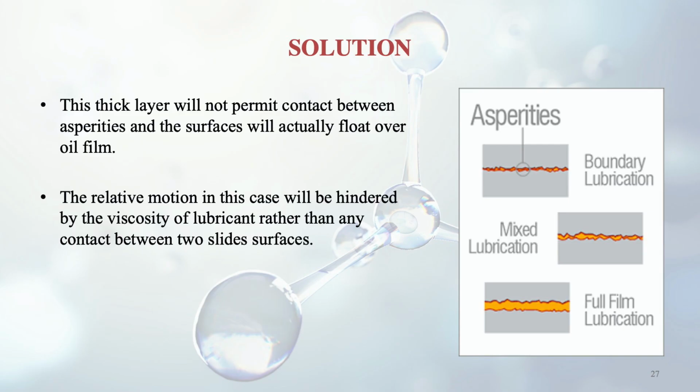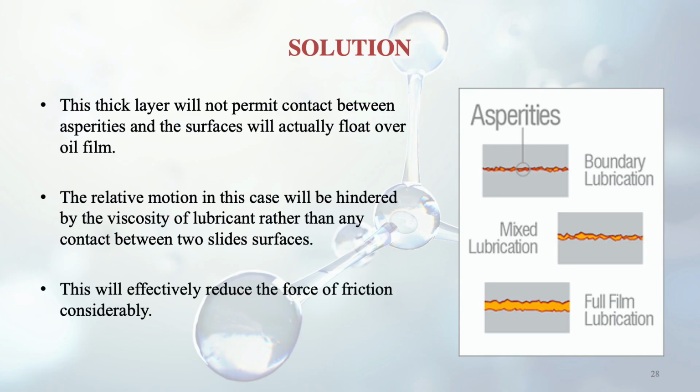So viscosity is the term, and you must have read it in fluid mechanics also, and through the viscosity this thick film lubrication is affected, and the viscosity plays a major role instead of the contact between the two surfaces, and this will effectively reduce the force of friction considerably, and this situation is known as fluid or film friction.